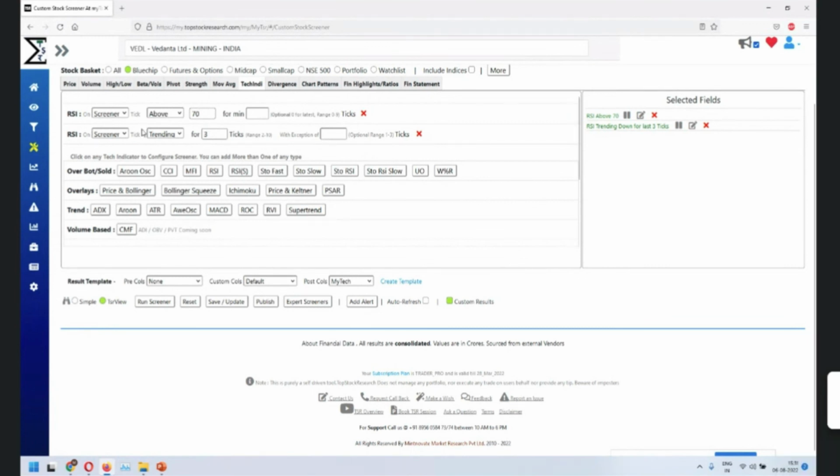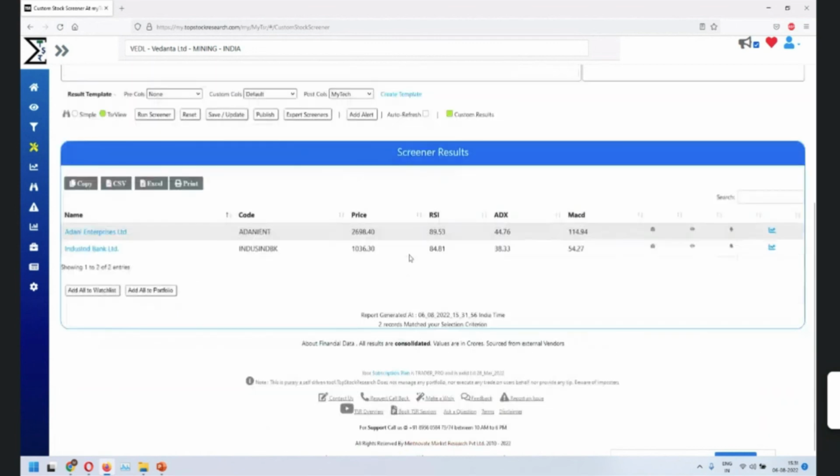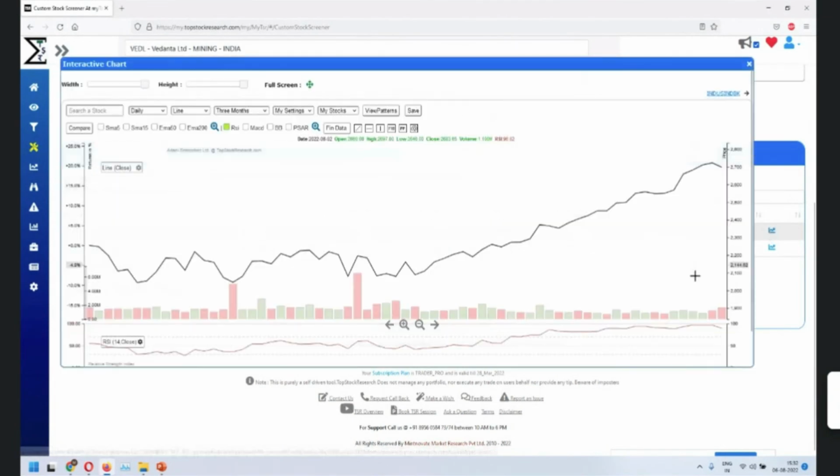What we are trying to identify here, Swapnil, is that it is in the overbought zone, but by adding another mixture here, we are trying to see the direction of RSI. We are not talking about price direction, just the RSI direction. So it tells you to find stocks where the price is clearly overbought but the RSI is falling. This is where the signs of weakness have started.